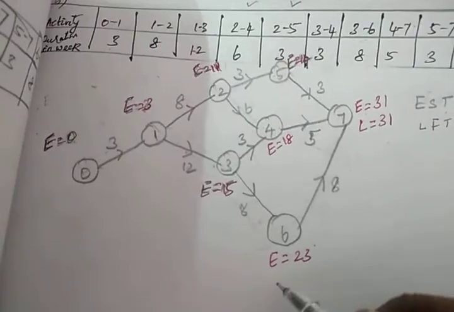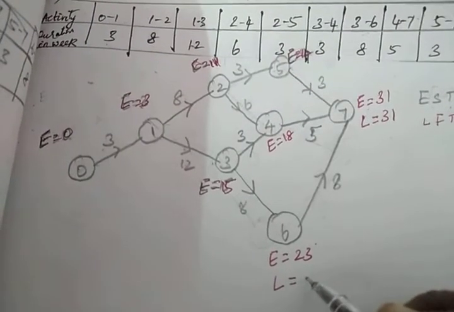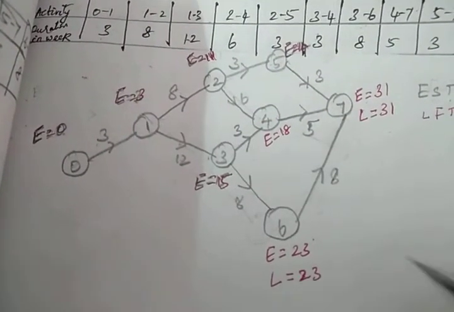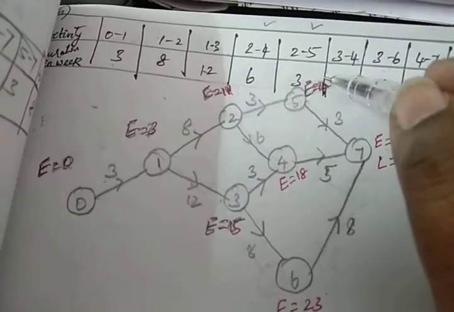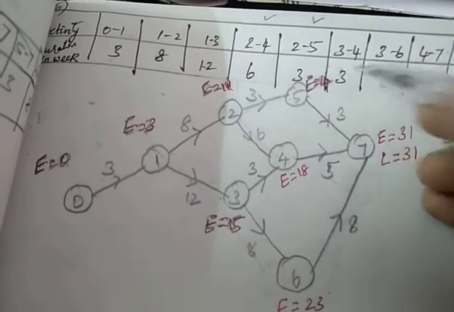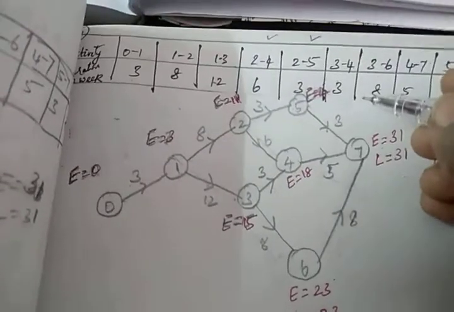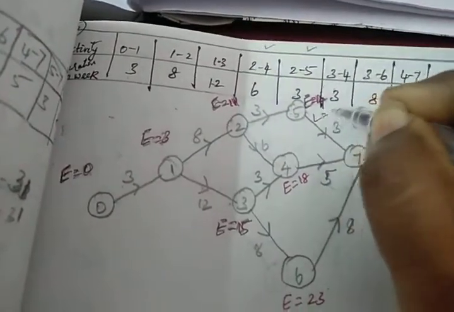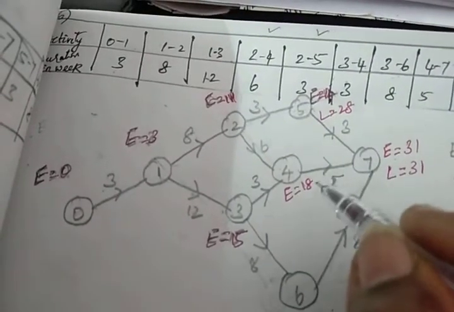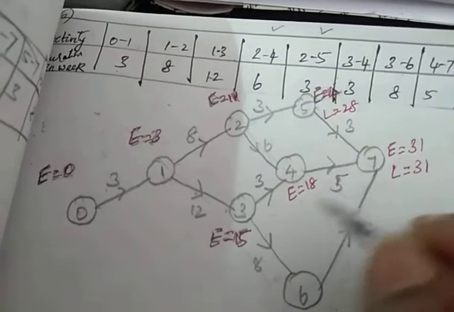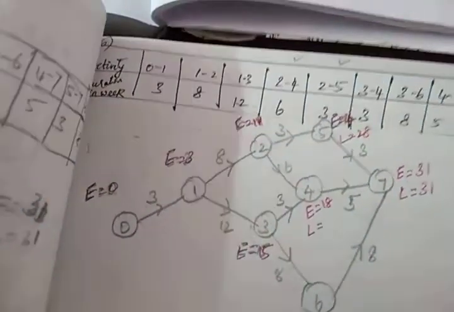You will get 23. Now 31 minus 14, you will get 28. L is equal to 28. For here 31 minus 5, so L is equal to 26.